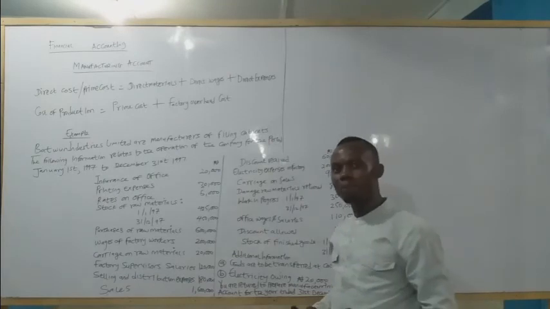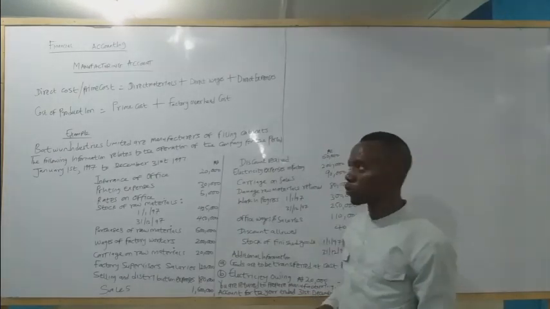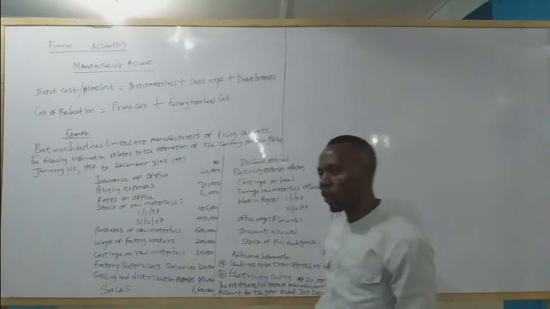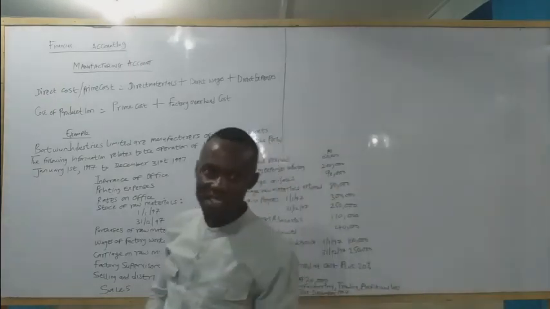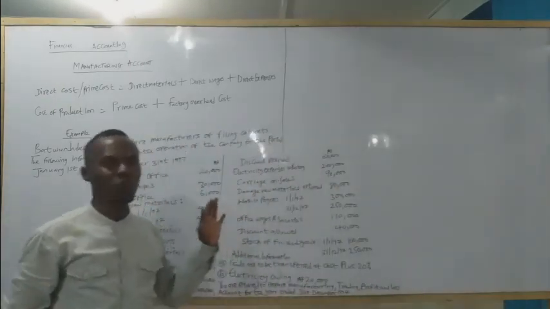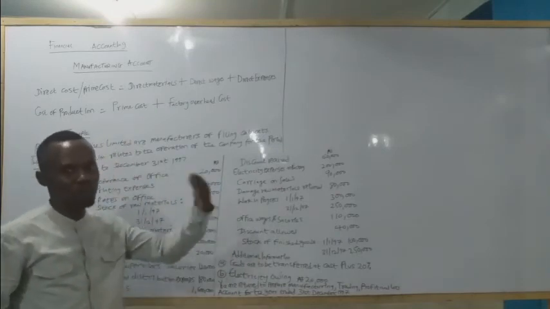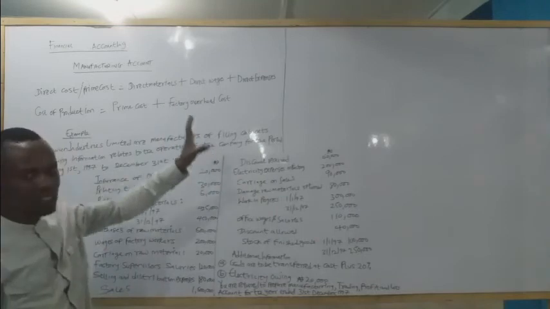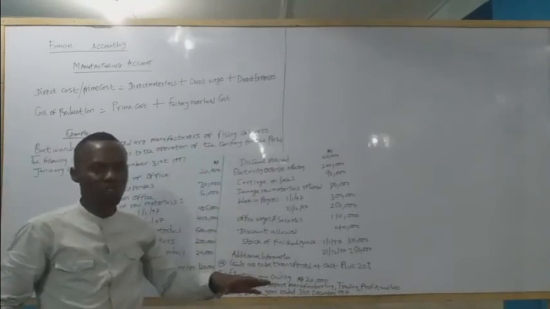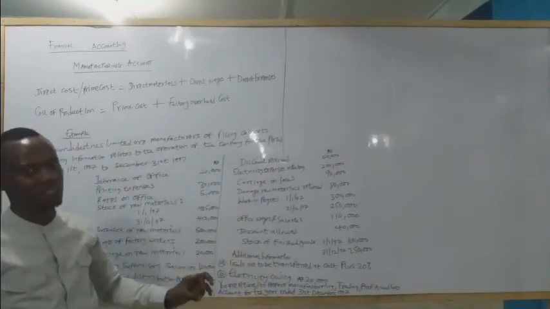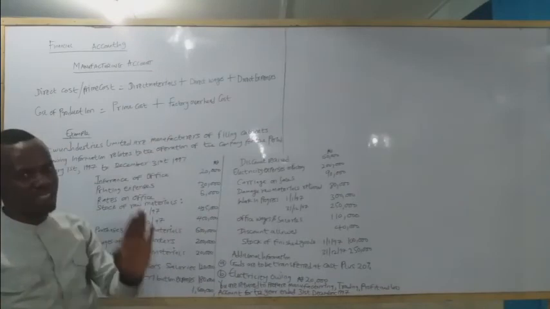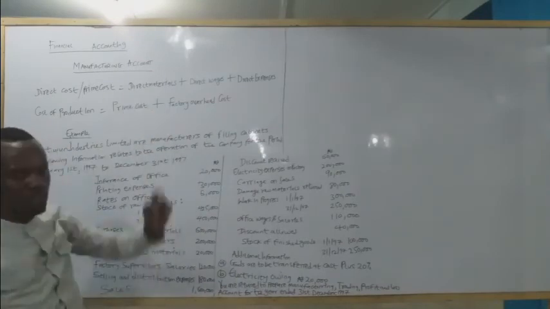Workers that are manufacturing the goods. While direct expenses are all the other expenditure aside from the direct material, expended in producing the goods. Expenditures necessary to produce the goods aside from direct material. That's direct expenses.